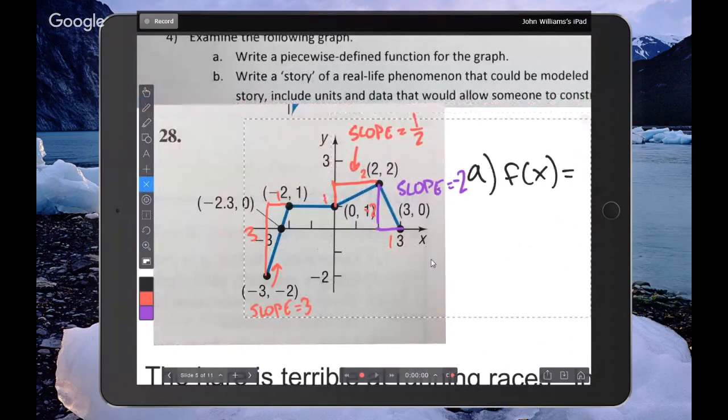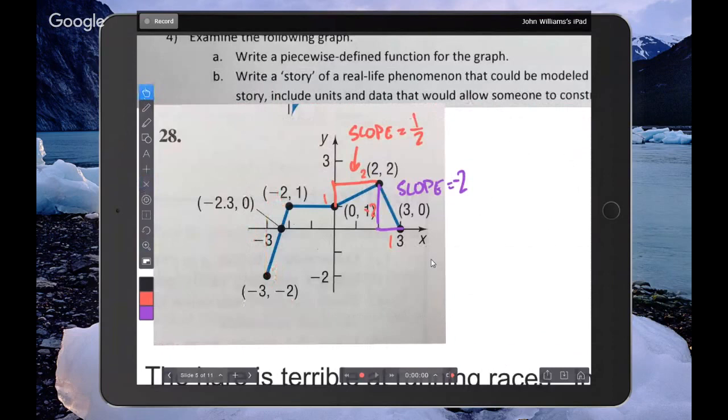So if I were to take this line and continue it, so here it is, it goes up 3 every time it goes over 1.